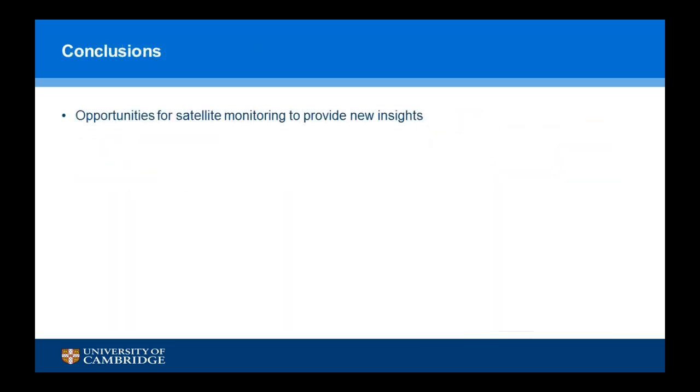So just to wrap up, as you can see from what we've showed, there are some really exciting opportunities for satellite monitoring, especially for things that are really remote to access and that we don't really monitor that often. So here in the UK, highway bridges are inspected every 2 to 6 years.